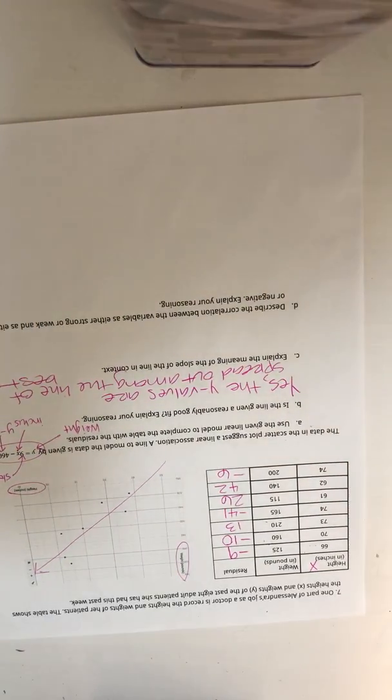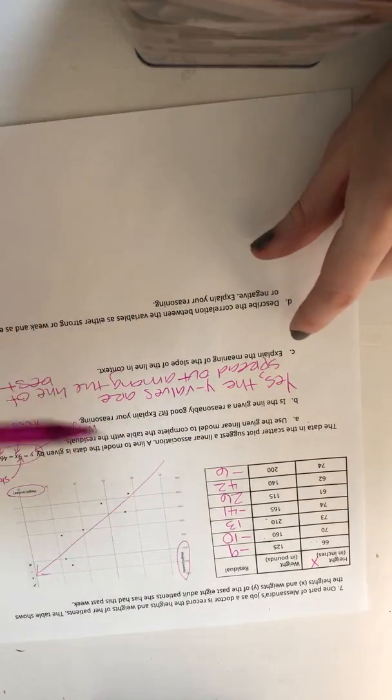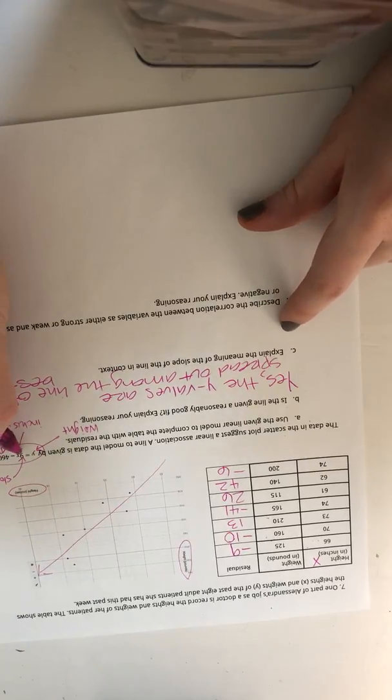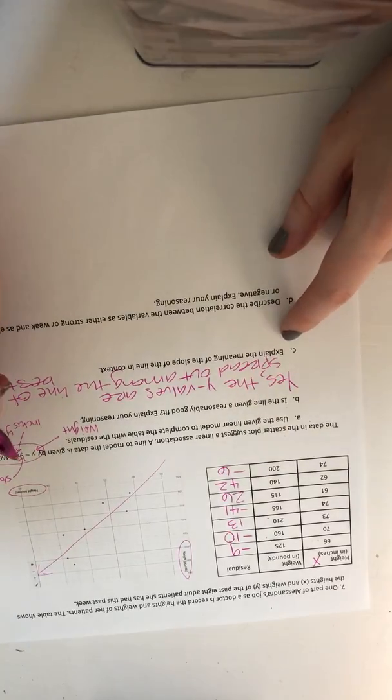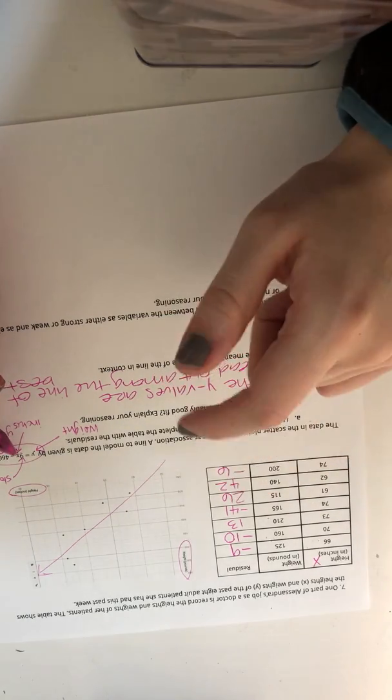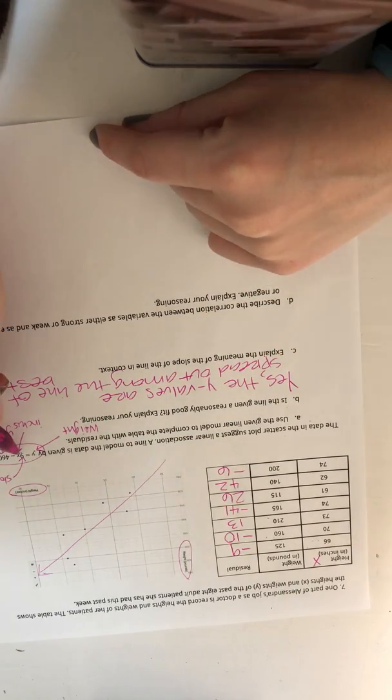All right, question C says, explain the meaning of the slope in context. So take a look at your slope here. Your slope is going to be 9. The 9 here is going to tell me that for every inch that you grow, the weight is going to increase by 9 pounds.